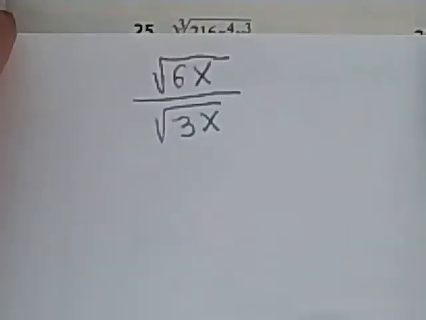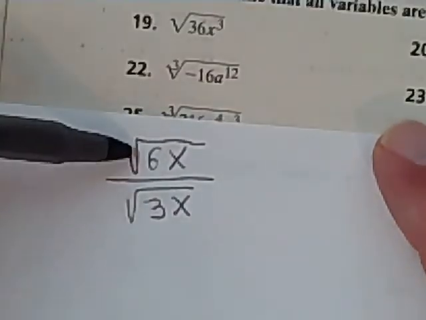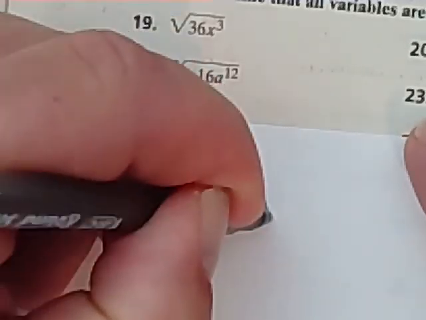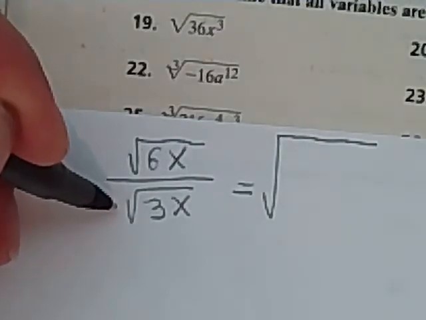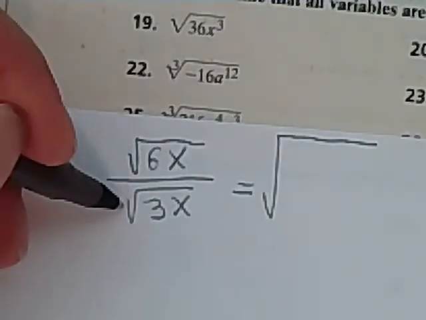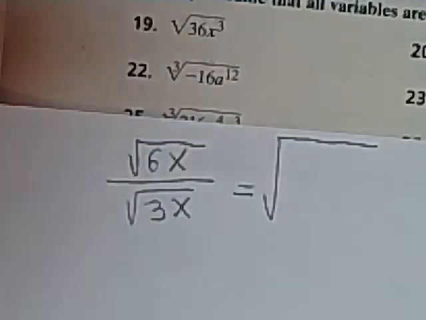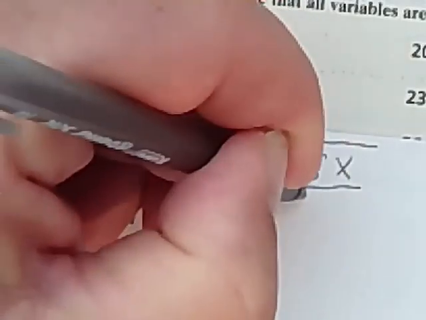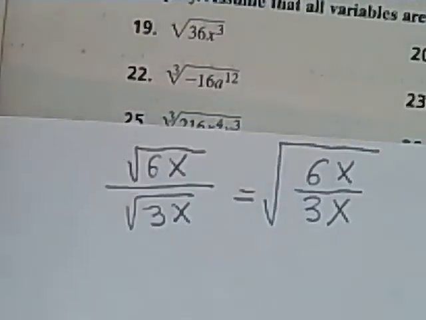Okay, so in this situation, just like when we multiply radicals, we can combine them. When we divide radicals, as long as they have the same index, in this case 2, square root, we can combine them underneath one radical sign. So I could write this as 6x divided by 3x, all underneath the radical sign.